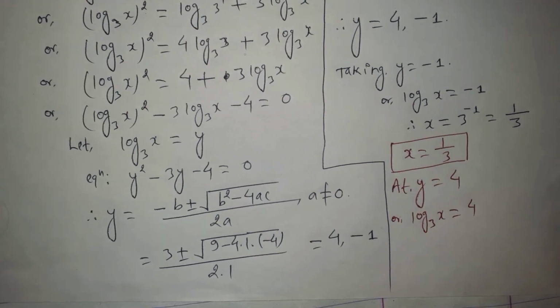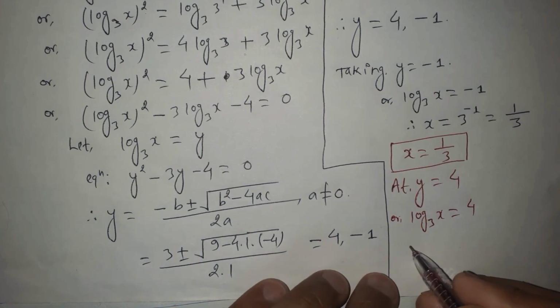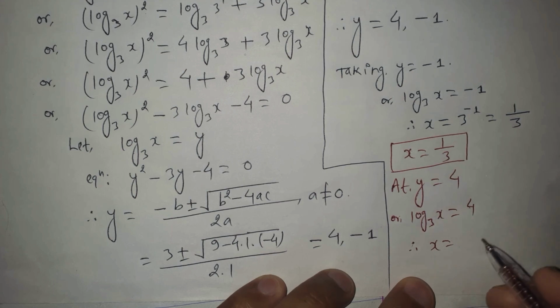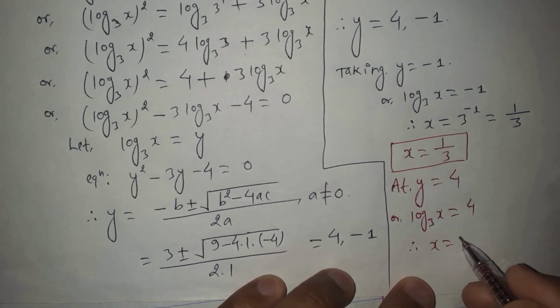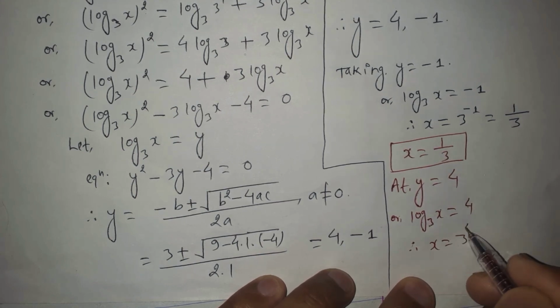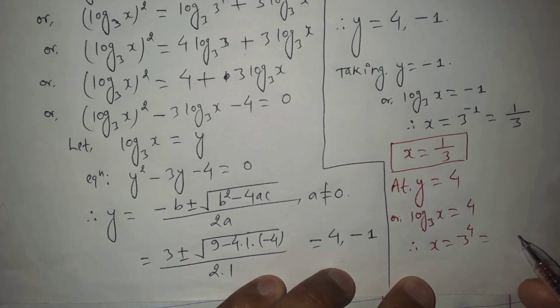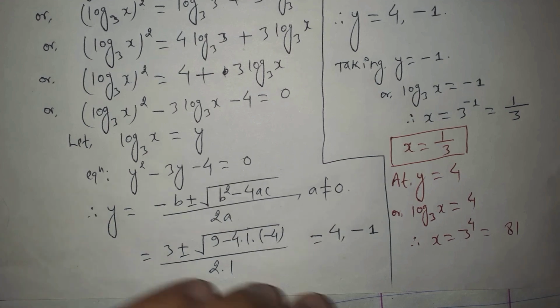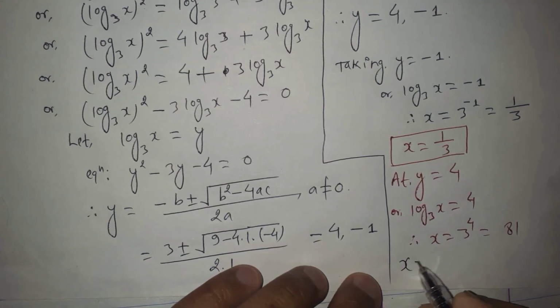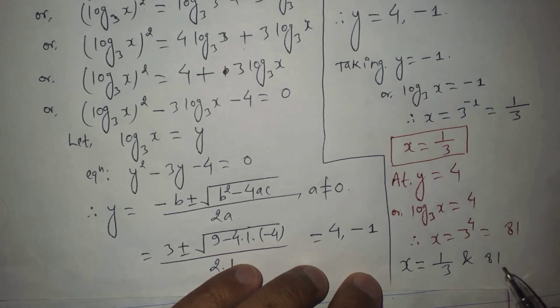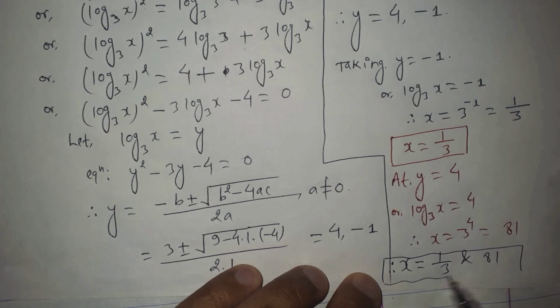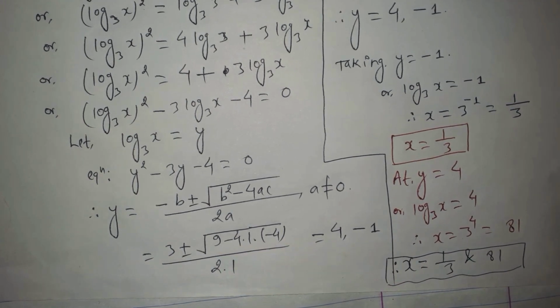Now solving for our variable x, the value of x is 3 raised to the power 4, and 3 raised to the power 4 gives 81. Here we finally obtain the two values of x. One is 1 over 3 and the next one is 81. These are the possible values of x.